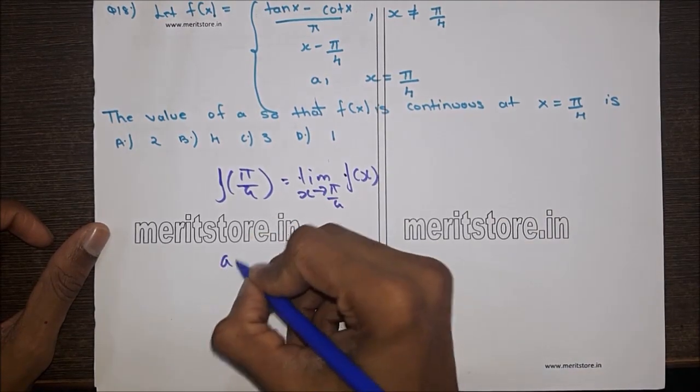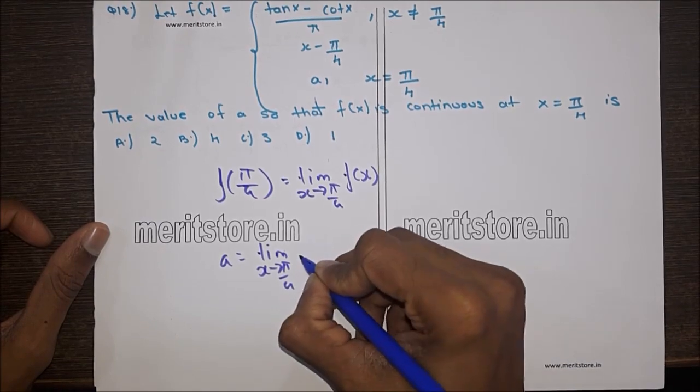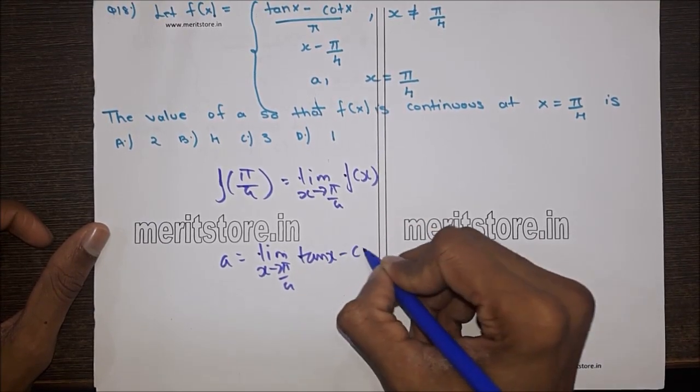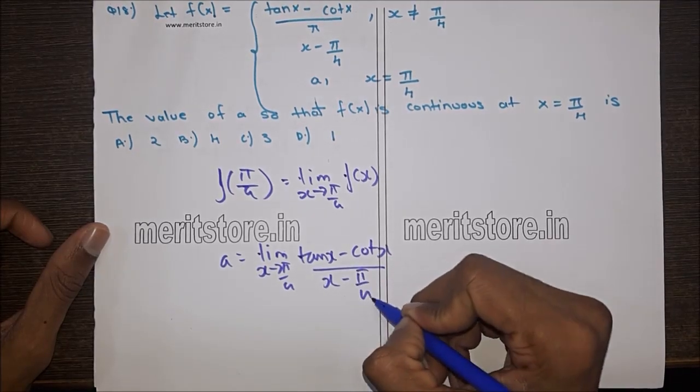Further, we can write this as a equal to limit x approaches to pi by 4 (tan x minus cot x) upon x minus pi by 4.